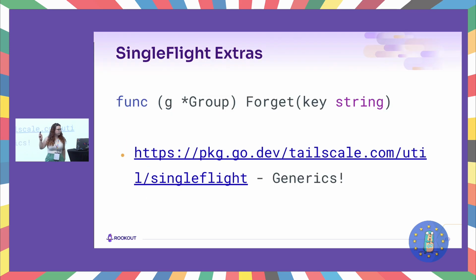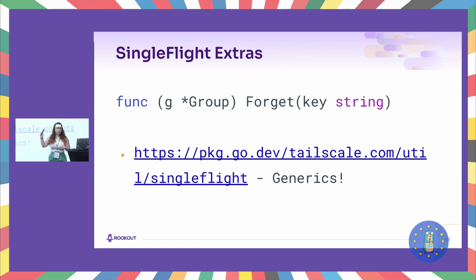Singleflight does have another feature, which is to just forget a key. Again, this is all happening at the same time, right? So if I have 2 calls to the do method, one after the other, not in parallel, not concurrently, then Singleflight will have no impact on my program, only at the same time, which is why we also use a cache or a map, usually alongside Singleflight.